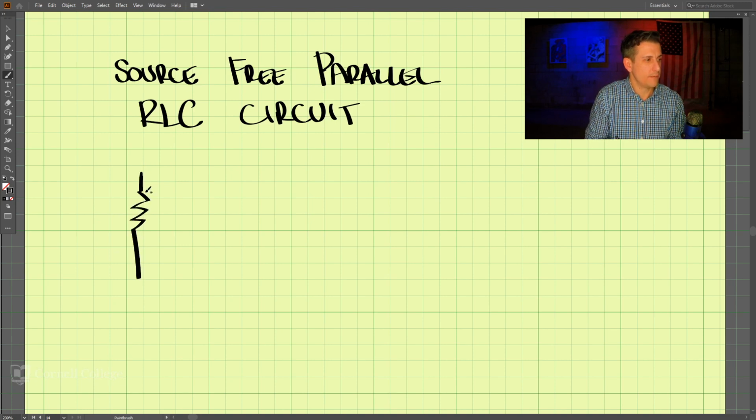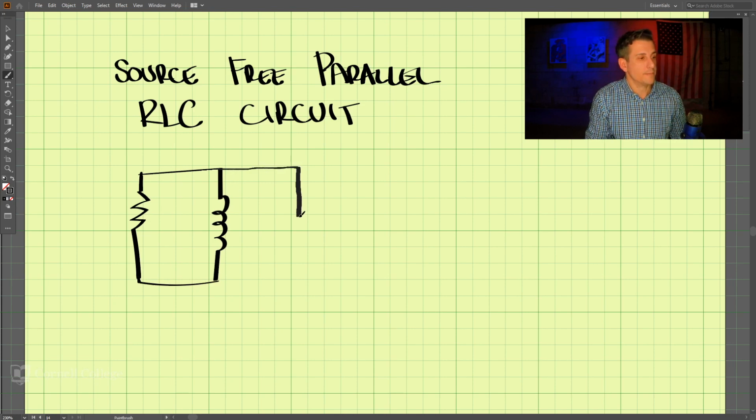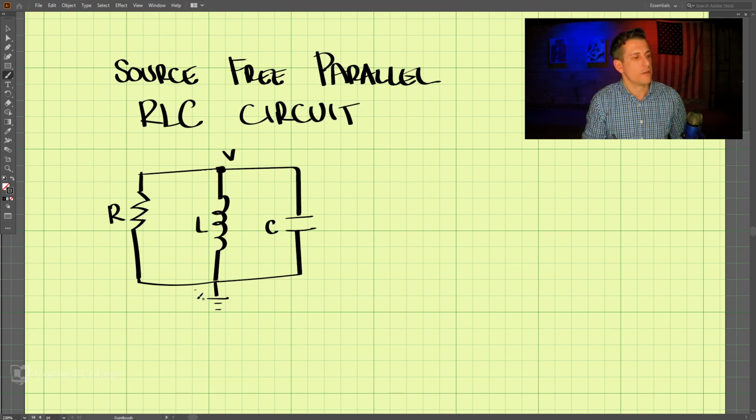We have a resistor, we have an inductor, and we have a capacitor. The capacitor C, and then we have L, and then we have the resistor. And we call this the voltage V up here. So these are all in parallel. We can put our ground down here.